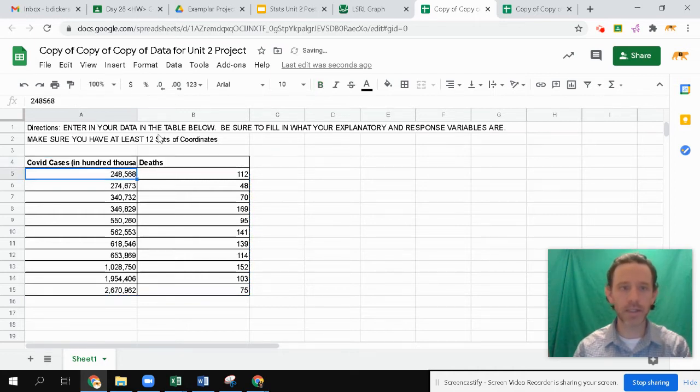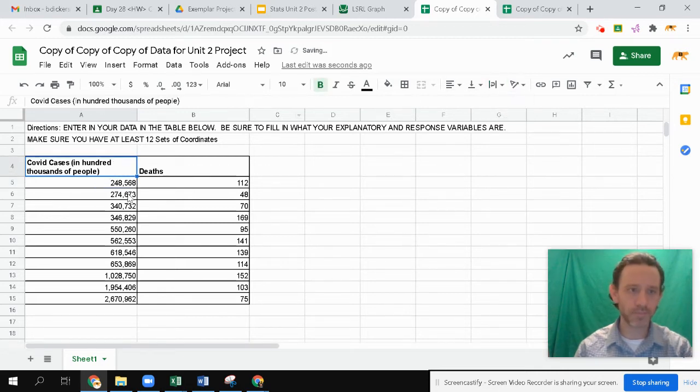Okay, so by doing that, I'm going to use this to kind of make it look good. By doing that, I can now adjust this number because the units are in hundreds of thousands.